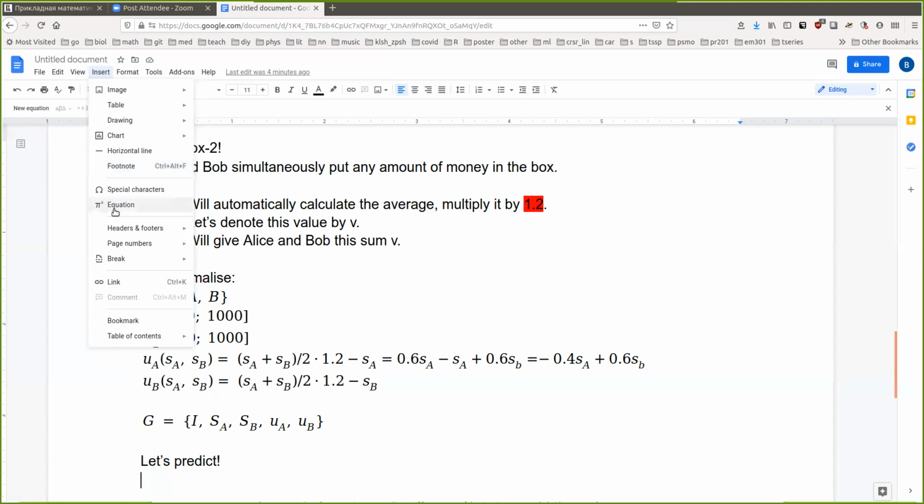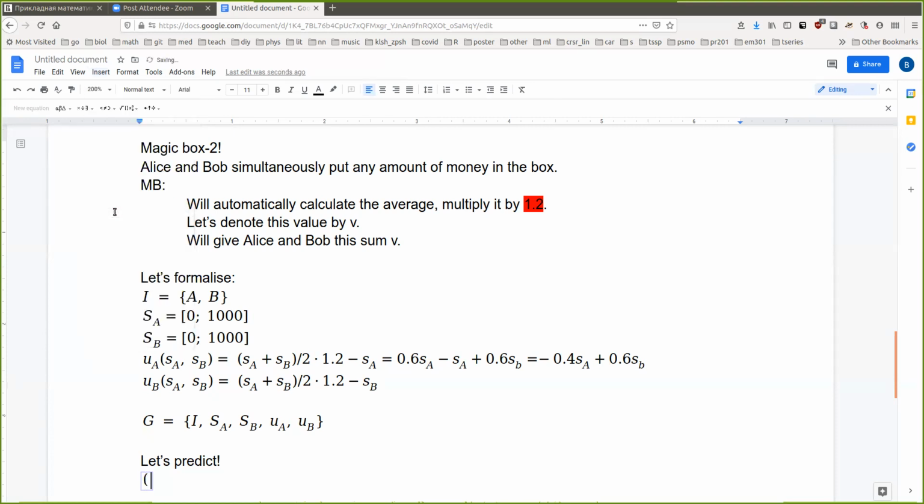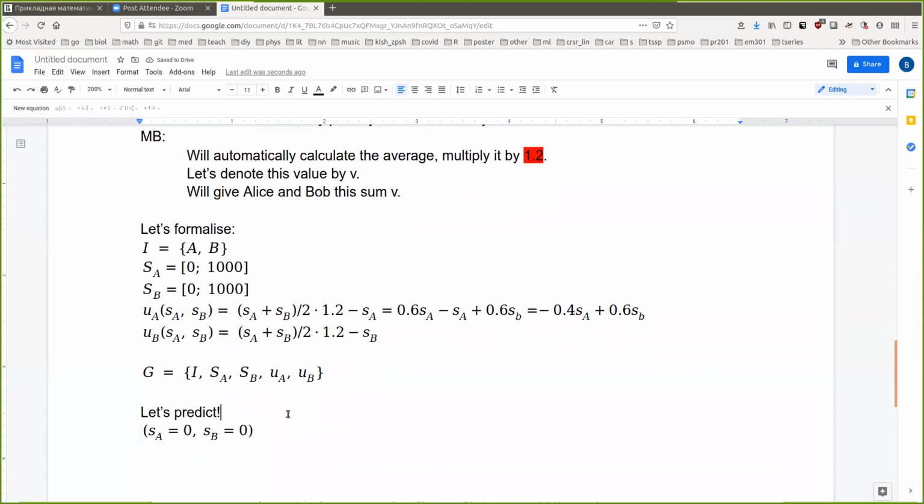That's not okay in a non-cooperative game. In a non-cooperative game, players only bother about their personal utility function. So the prediction here is completely changed. We have the prediction that in a non-cooperative situation, the choice will be 0, 0.